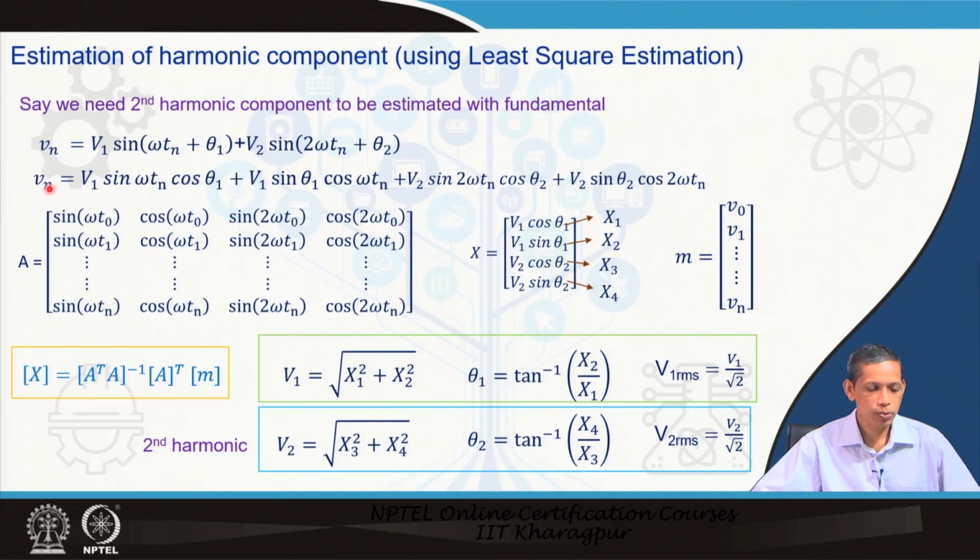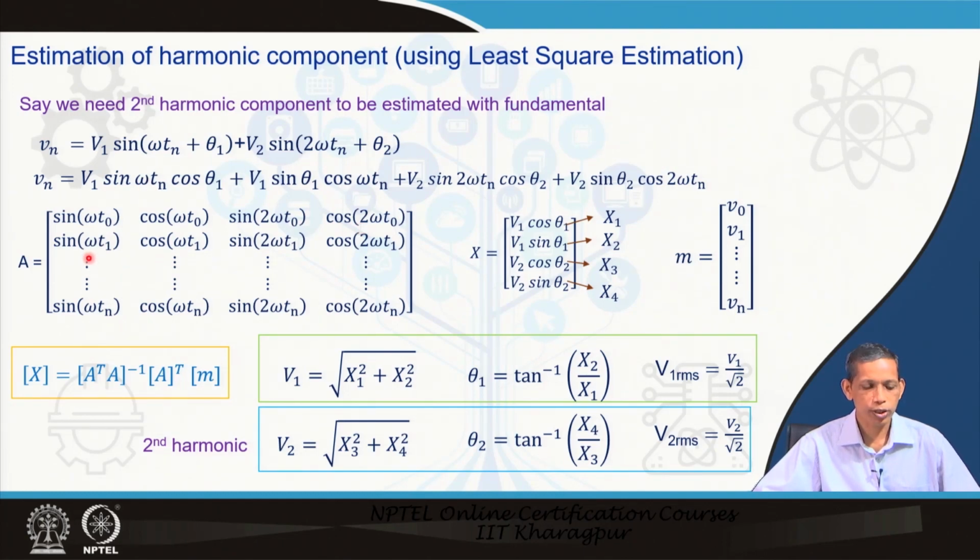So, we will expand the signal model to be like this, as we have done. For the fundamental component, the first 2 terms, and for the second harmonic component, 2 terms. Then the A matrix becomes sin omega t0, cos omega t0, sin 2 omega t0, cos 2 omega t0, because we have 4 terms here.